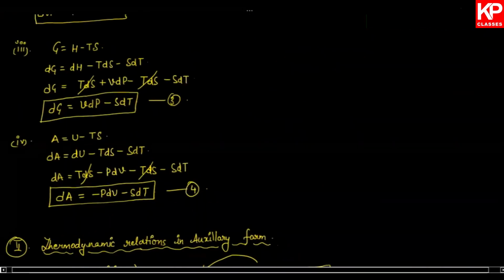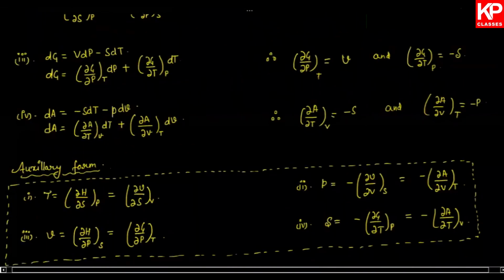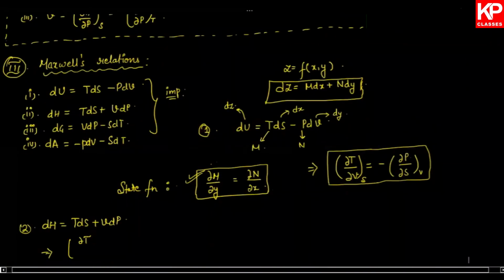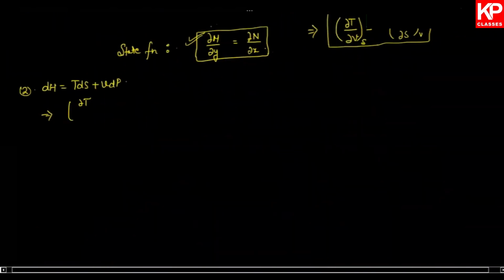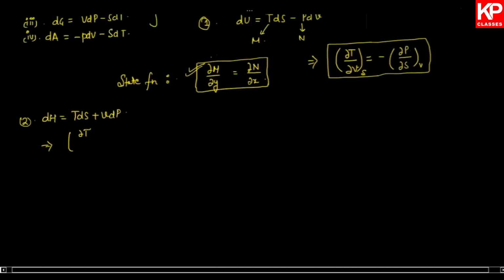Yes, we have derived the same equation, VdP minus SdT. Anyways, del T by del P at constant entropy equals del V by del S at constant pressure.